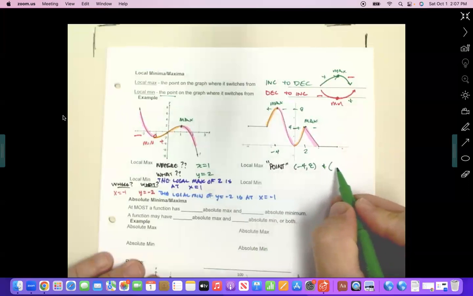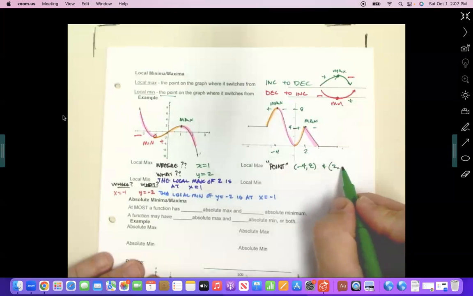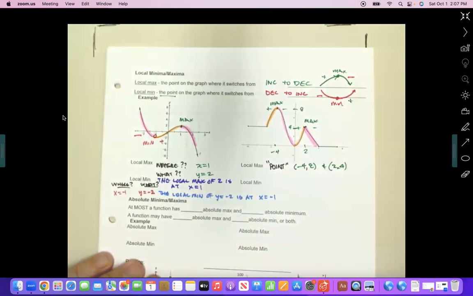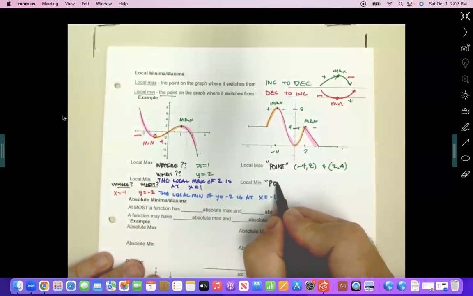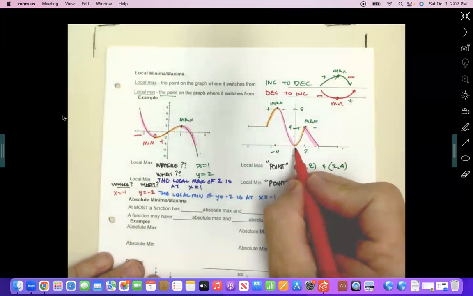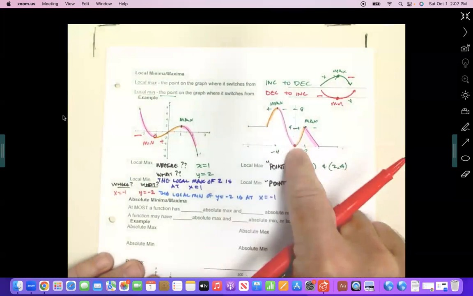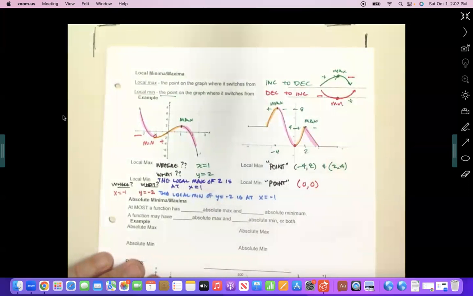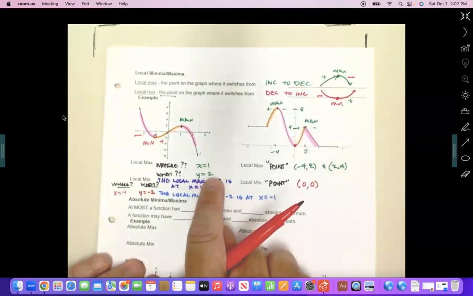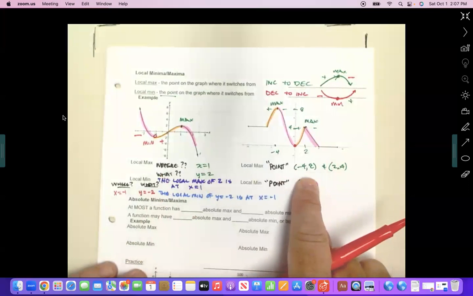So this would be a local max at the point 2, 4. We'll answer the minimum also as a point, and that occurred right here at the origin at 0, 0, when we changed from decreasing to increasing. So whether it's what, y, where, x, or a point, name both of those as an ordered pair.